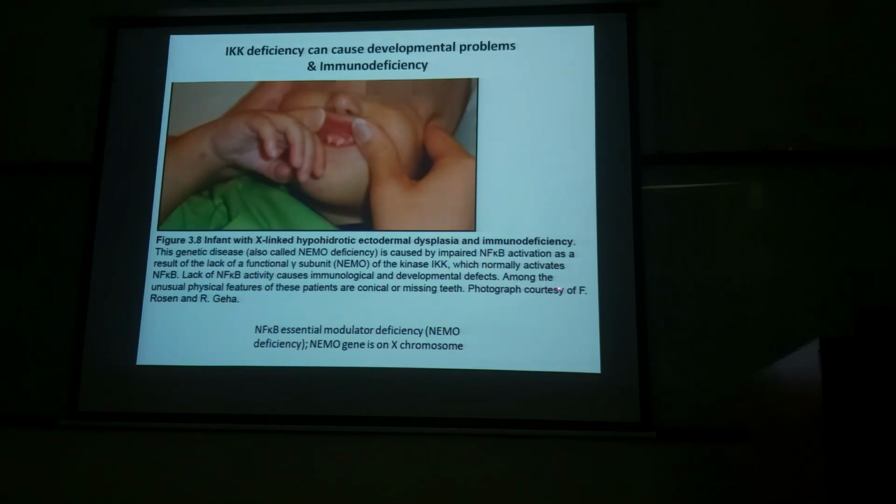Among the unusual physical features of these patients are conical or missing teeth, as I showed you, but it's not only limited to the development of these conical teeth. Other skin conditions can also result due to the deficiency of this particular thing.